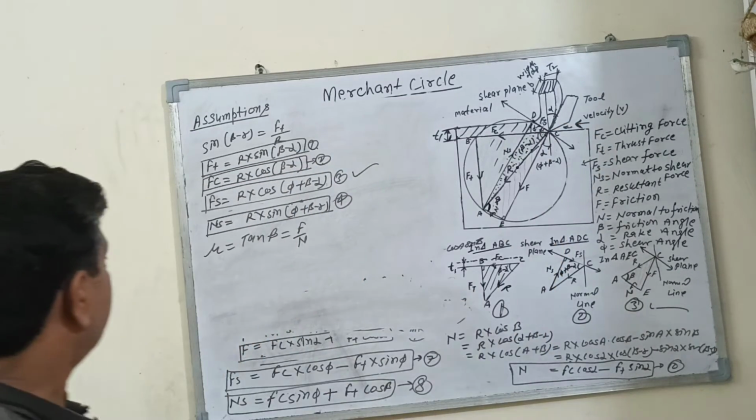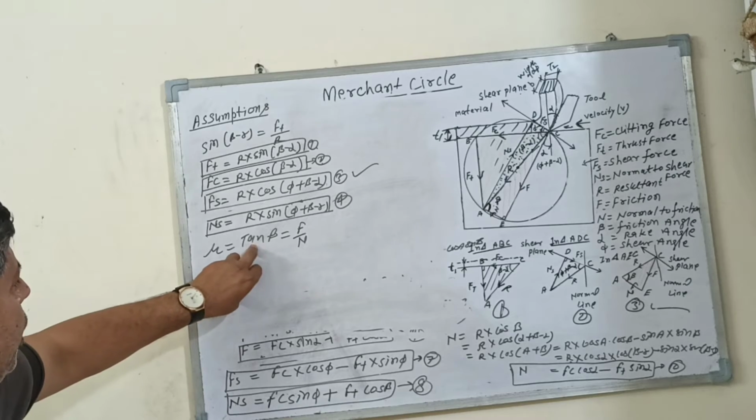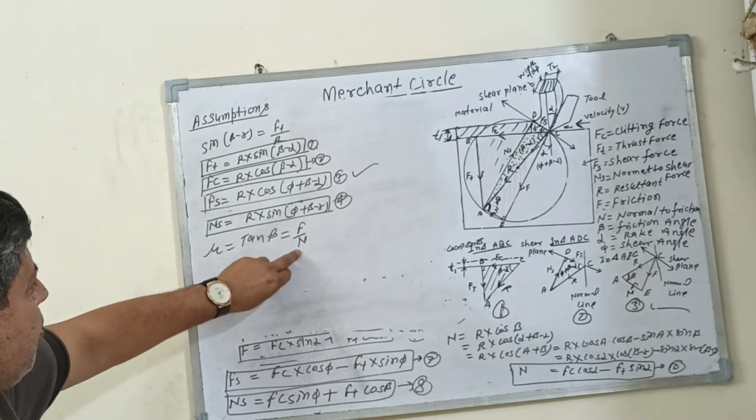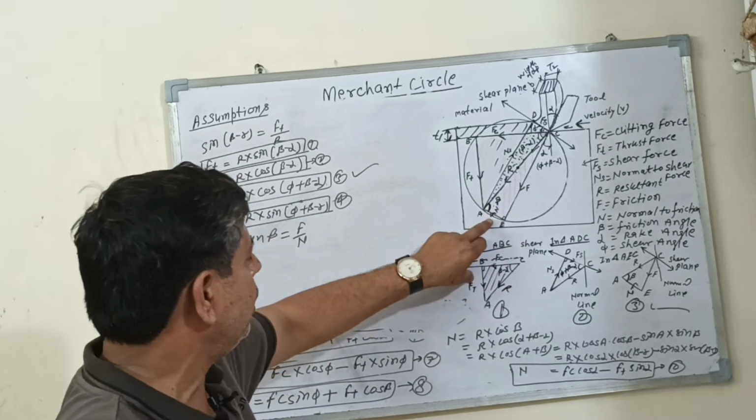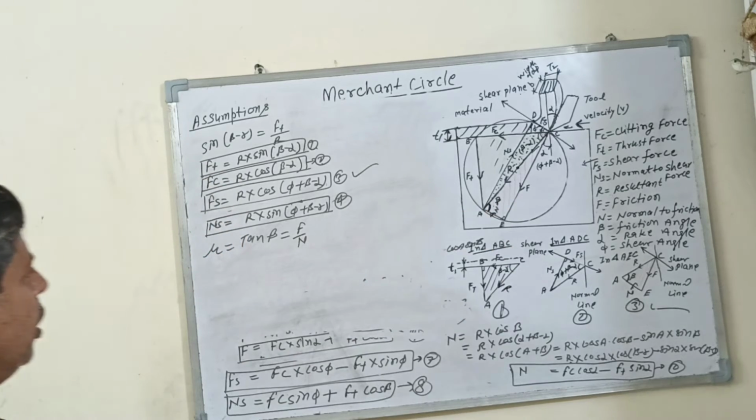The coefficient of friction is equal to tan beta is equal to F upon N. This is the friction force, this is the normal reaction force.